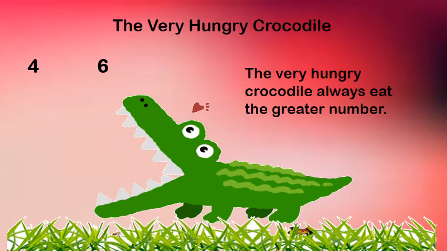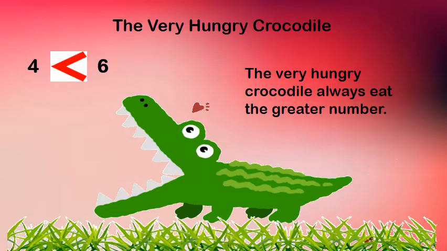So therefore, the symbol would be like this. The opening of the symbol always goes to the greater number. Since 6 is the greater number, the opening goes to it.